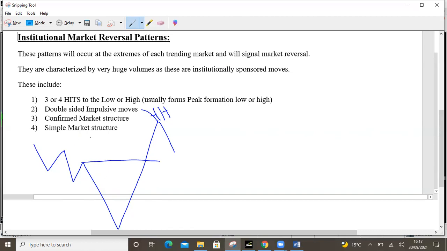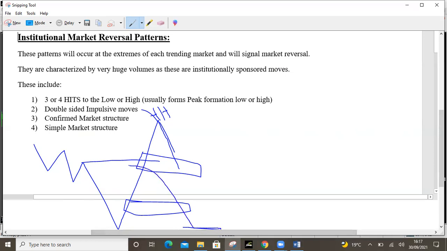No, you wait for this high to create a lower high. This is where you wait for the market to either retest the block that gave you this high, or do a liquidity grab down here, or retest a rejection zone or a fair value gap, or a liquidity grab down here.